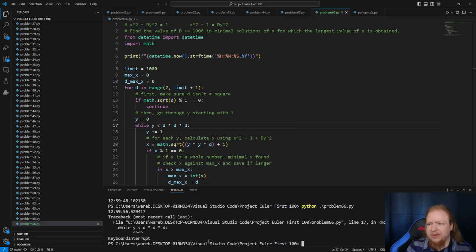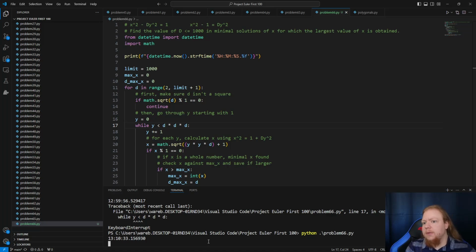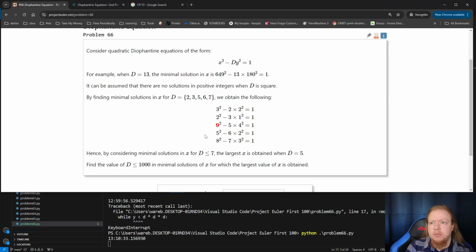I have a feeling we're getting stuck in an infinite loop somewhere. So I'm just kind of trying it again now. Let's see. Going back to the problem.